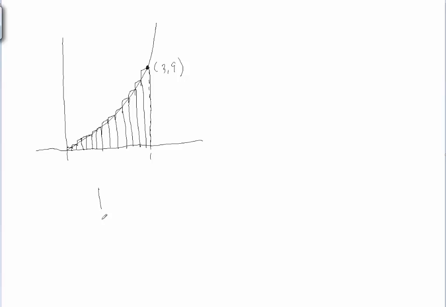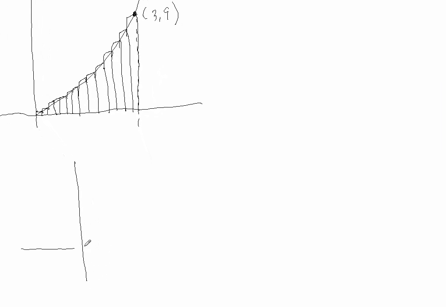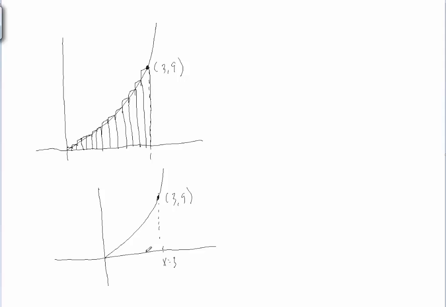So we could create an approximation such as this. Let's just take this side of the parabola, roughly drawn. Here's our point (3, 9), here's a line x equals 3, and here's x equals 2, x equals 1.